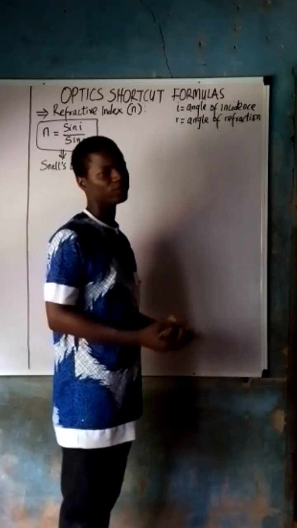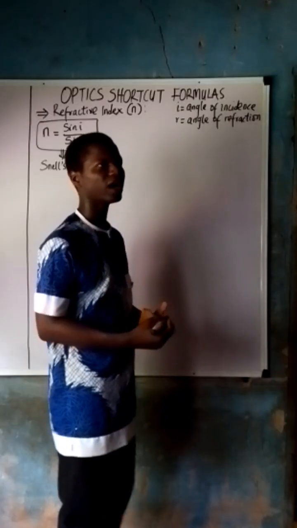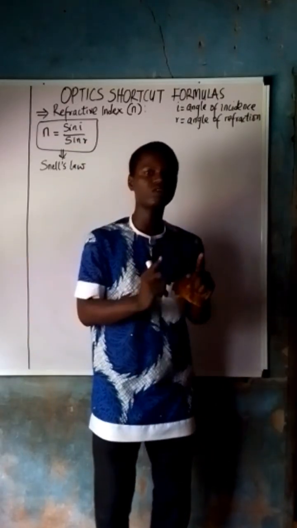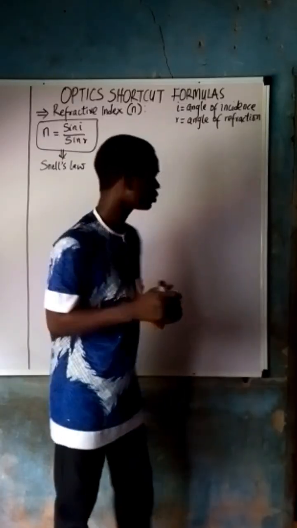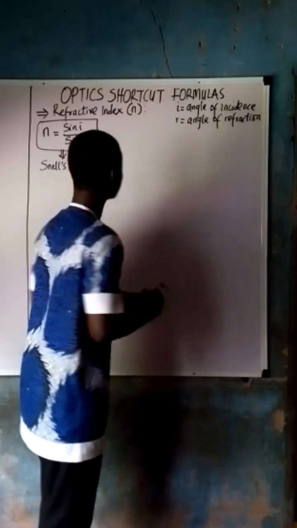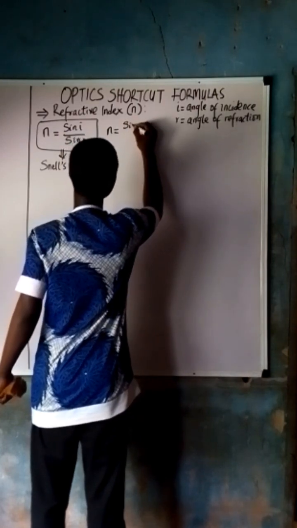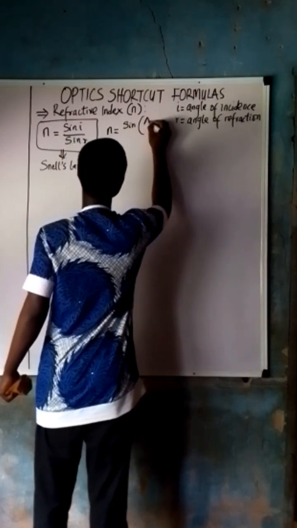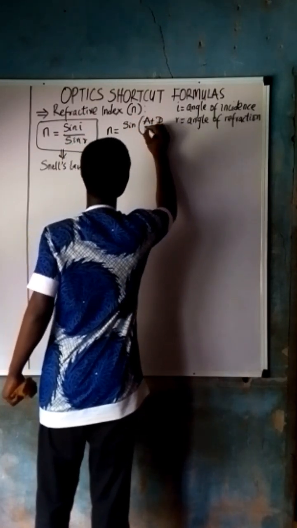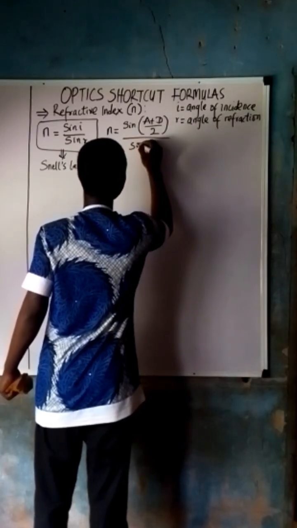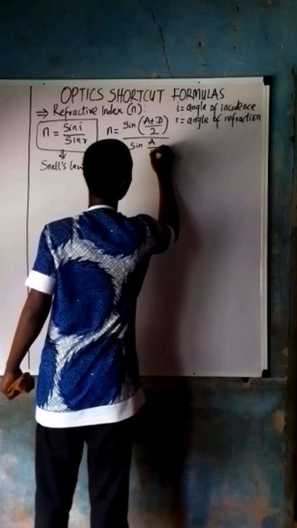Now, what if you were not given i and r? Let's say the question was pertaining to a glass prism. What is the usual formula to use? n equals sine of (A plus D over 2) over sine of (A over 2).